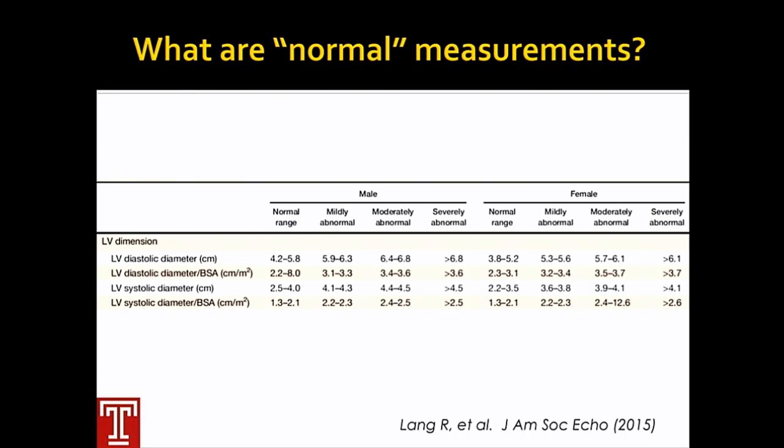In the echo lab, or at least most of the echo labs that I've talked with, we tend to speak in terms of just the diameters. Ideally, we should probably not only be speaking in terms of gender-specific diameters, but also body surface area index diameters. But I don't think you need to really focus on memorizing all of this for the exam.